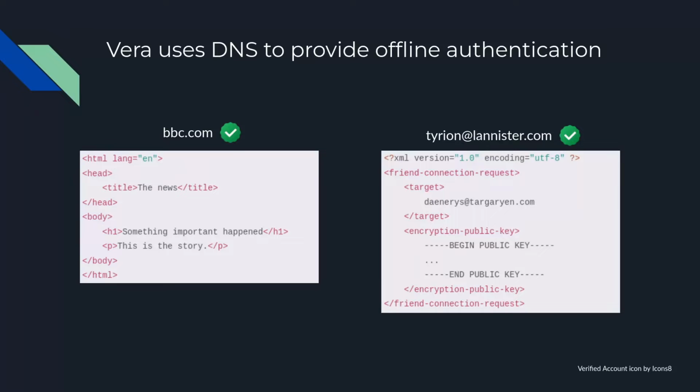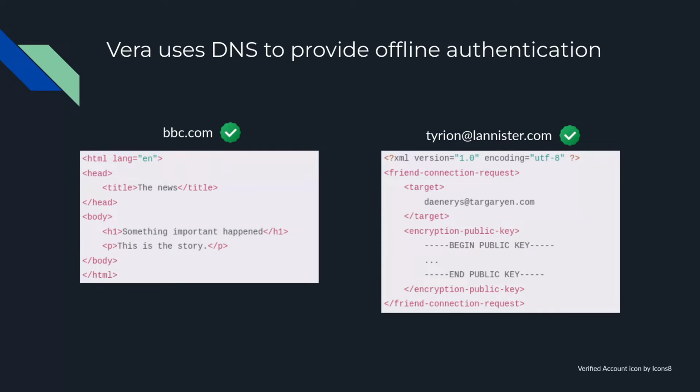So let's consider two examples here. On the left-hand side, we have, in this case, HTML that has been produced by the BBC. And we can tell that it was produced by the BBC because along with this HTML, there will be a Vera signature that proves that that's the case.